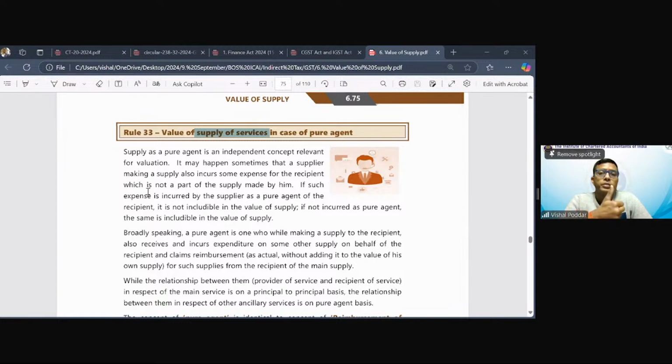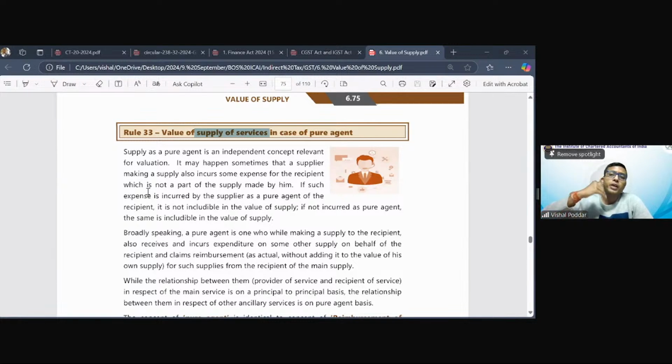Like in the example I gave before the variation, when I was booking the flight and the hotel, I was doing everything in my name. My name means I was taking the invoice in my name and then charging the invoice to you. In that case, the pure agent rule fails.